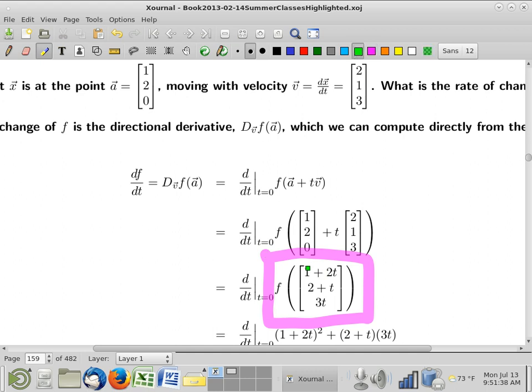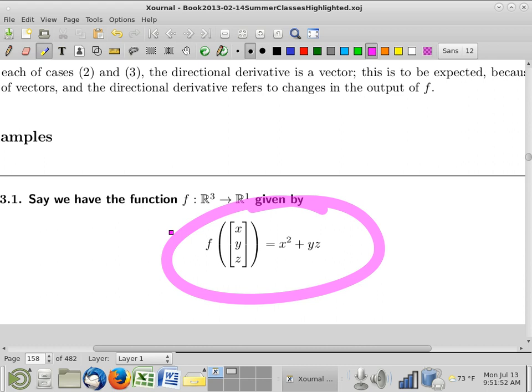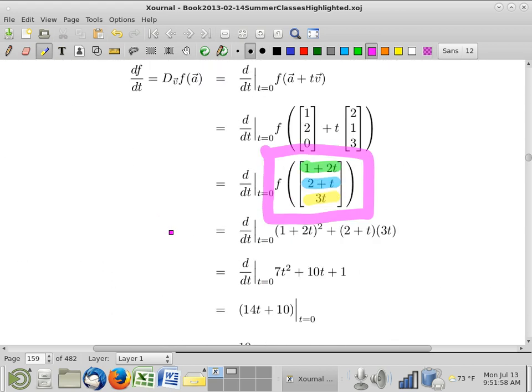So I've got x, y, and z, and I need to plug those into our function. Now, quick reminder, our function is x squared plus yz. Okay, so you've got to keep that in mind, x squared plus yz, and what this says is take this x, that y, and that z, and plug them into that function.